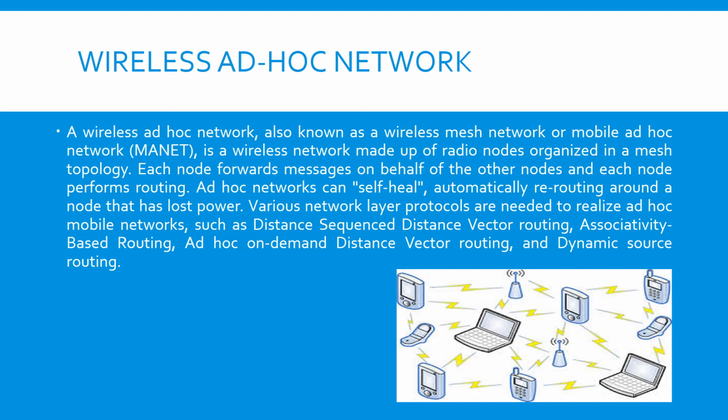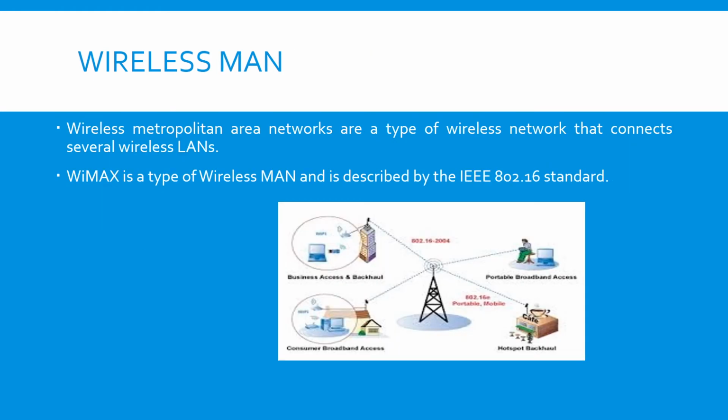That means we are connected to many towers in between from the source point where we started until we reach the destination. All the networks which we are connected to in transit from one place to another is the ad hoc network. So this is the wireless ad hoc network.